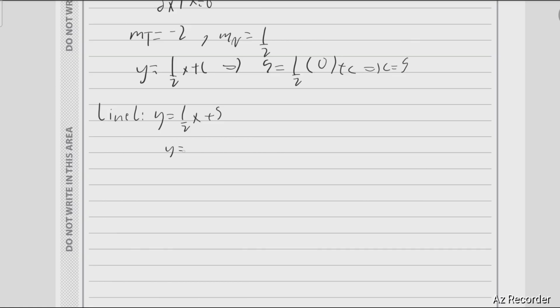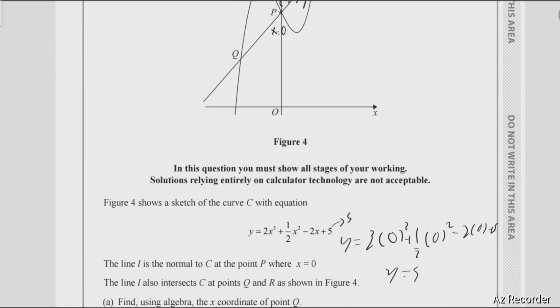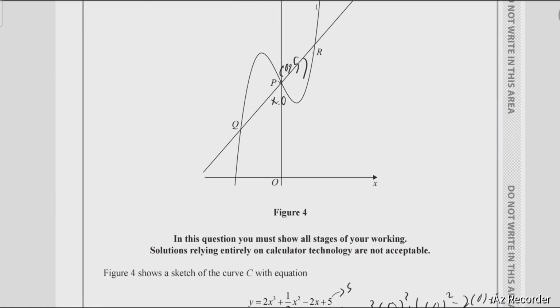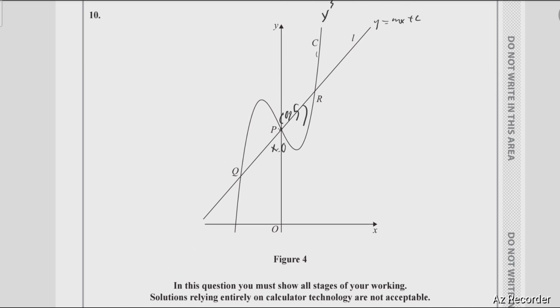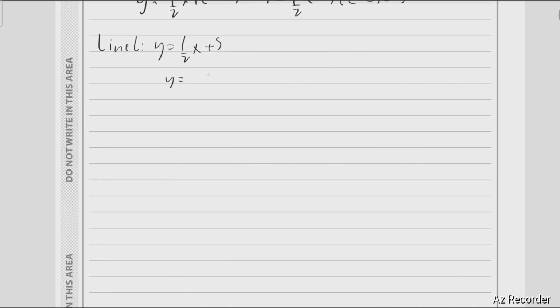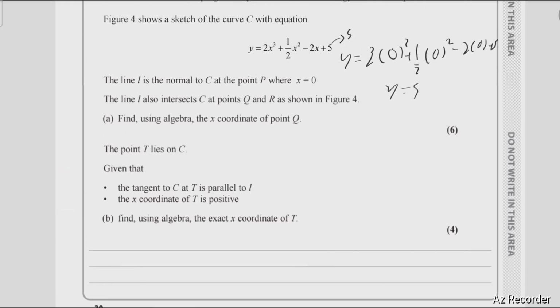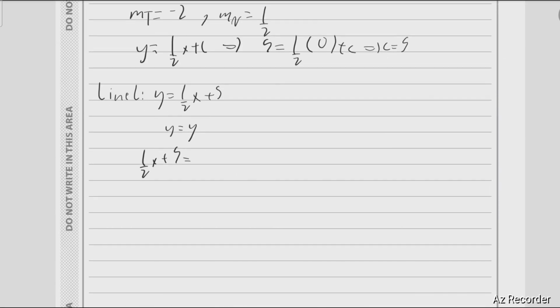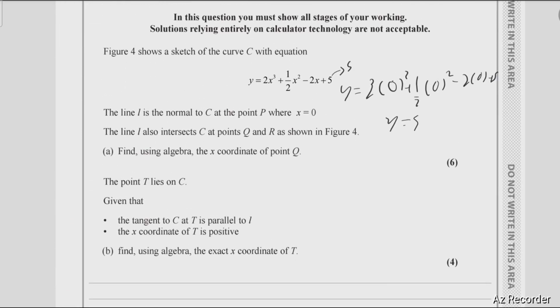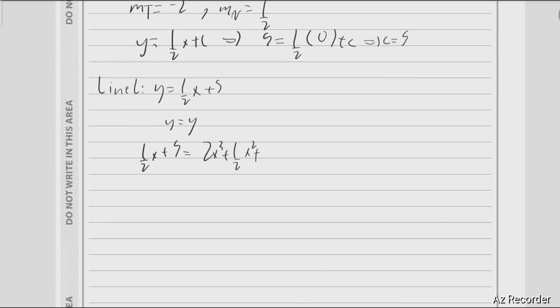Then to find all of the points of intersection, which are Q, P, and R, we're going to put f of x equal to the line. So half x plus 5 equals 2x cubed plus half x squared minus 2x plus 5.